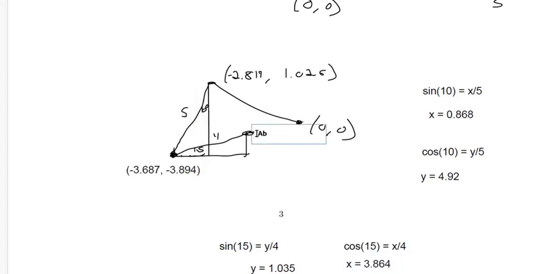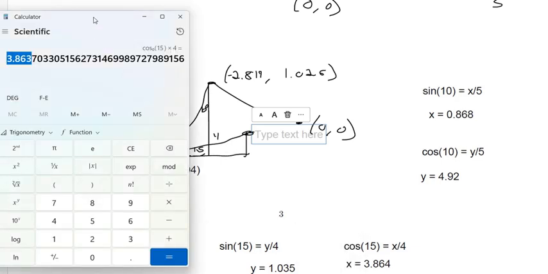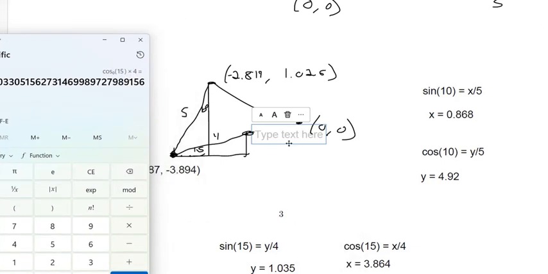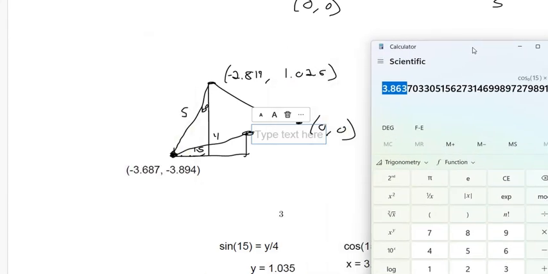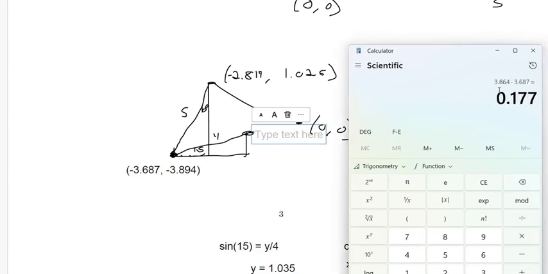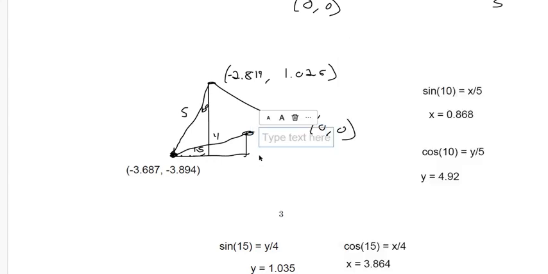Okay, so that makes our new coordinates. The x distance got smaller, right? We started at negative 3.687. We got close to 0. In fact, we passed 0. So my drawing isn't quite to scale because it should be a little bit to the right of 0. So we got 3.864, take out that negative. Now we're at 0.177 for an x coordinate.